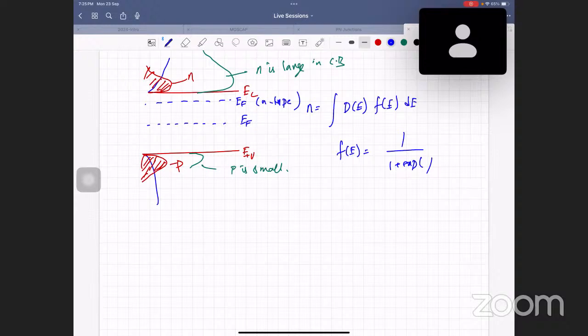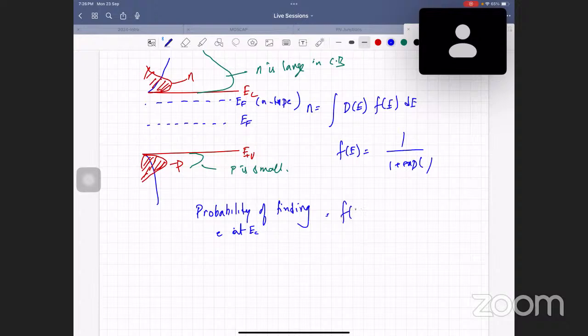So what is the probability of finding an electron in the conduction band? You try to look at that. You can even do this. What is the probability of finding an electron at EC, at the conduction band edge? What will this be?